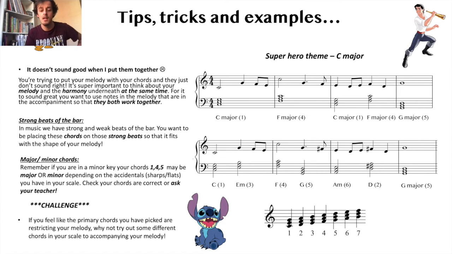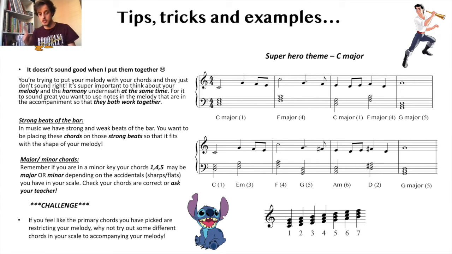You'll start to notice that. Another thing to think about is the strong beats of the bar. In music, we have strong and weak beats in the bar, and you want to be placing those chords on the strong beats so it fits with the shape of the melody. If you have a look at my melody over here, for example, we've got 1, 2, 3, 4, and 1.